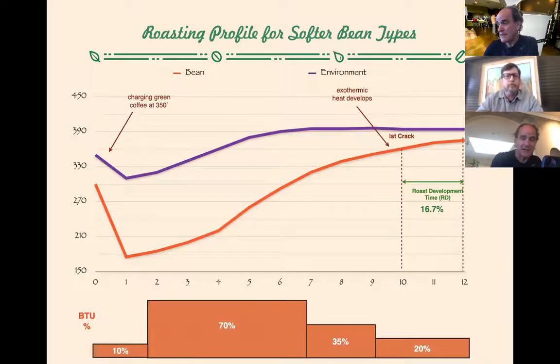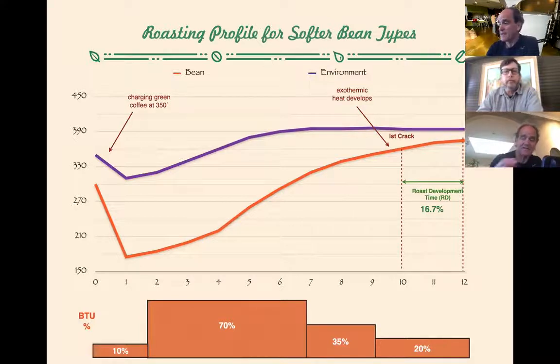In this specific case, these softer beans were roasted with a Giesen, actually with our Giesen W6A. We controlled the burner manually, meaning we adjust the percentage setting of the burner. The BTU percentage is indicative for the output of the burner. We started at a lower burner setting, charged the beans at 350, then increased the burner to 70%.